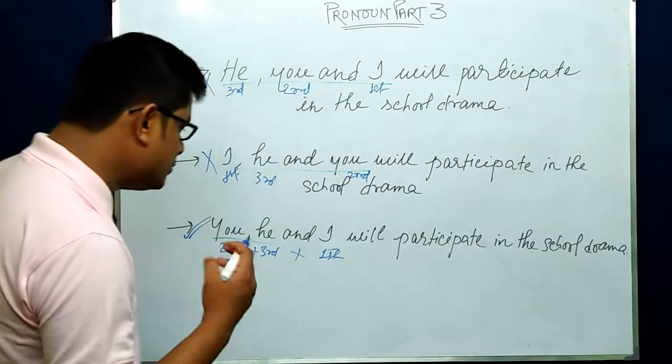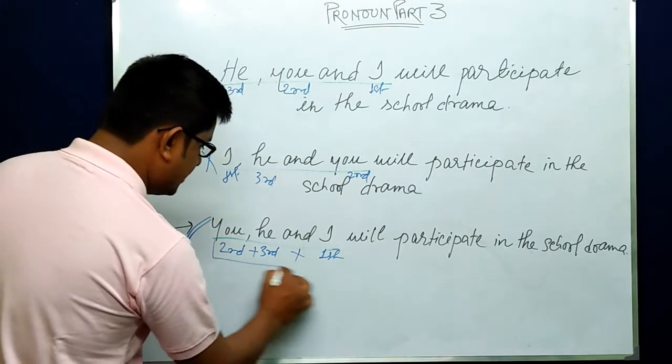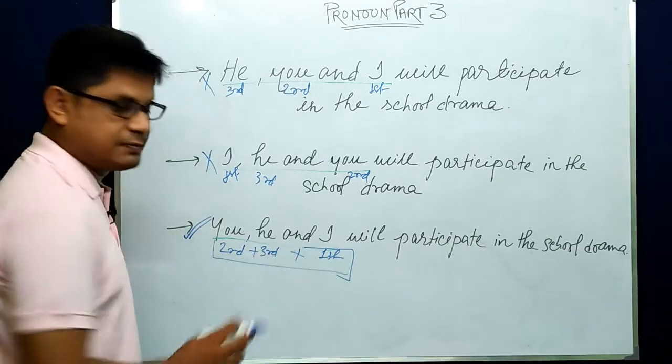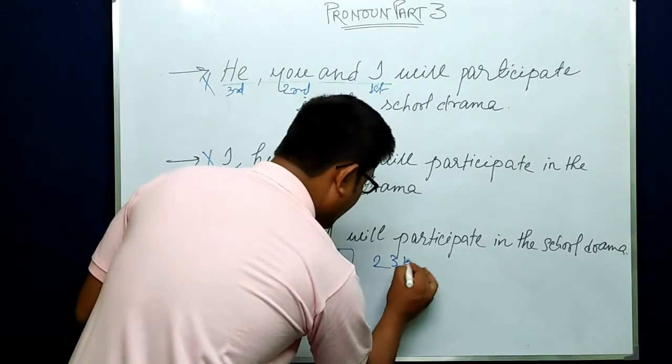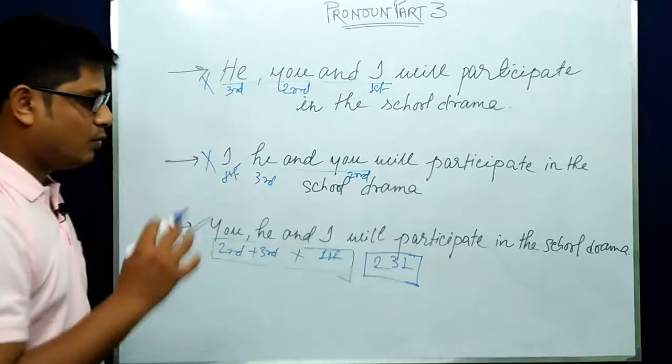So whenever you use such things, you have to be very conscious. At first the second person, then the third person, then the first person, right? So that means 2, 3, 1. You can write it in this way, 2, 3, 1.